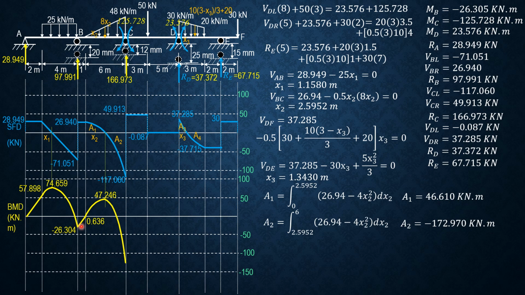Then 26.304 plus the area here, which is 26.94, so it rises, and the value is 0.636.